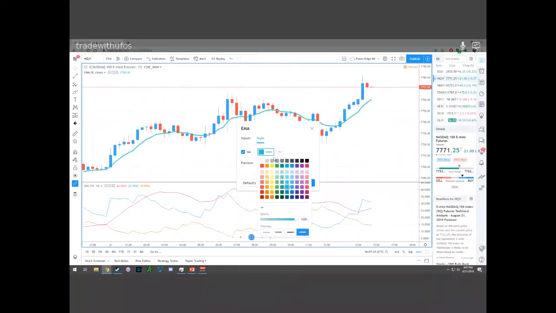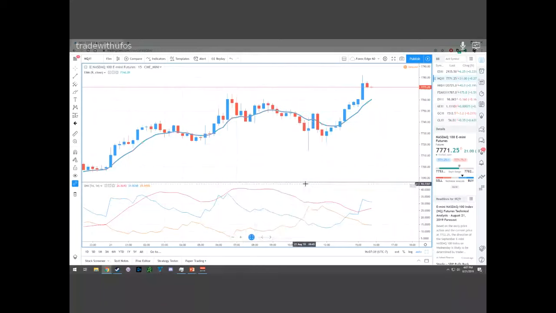I'll just do the maximum there. If you want, you can change color. I'll just do some sort of gray here, and that's it. So now we can clearly see what the average is for the common time frame of 15 minutes.